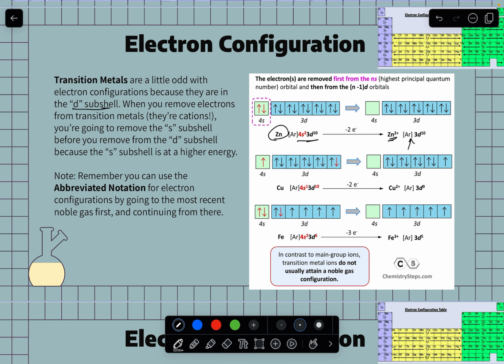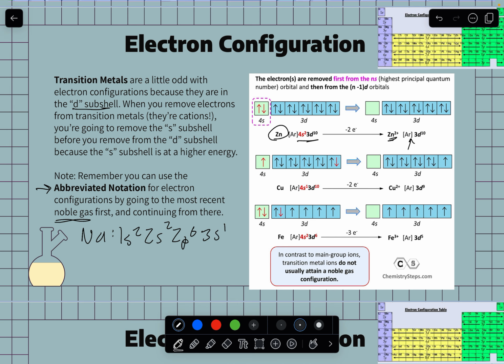Also remember, with electron configurations, you can use the abbreviated notation, which is where you start at the most recent noble gas and go from there. Let's take sodium. We had 1s2, 2s2, 2p6, 3s1.